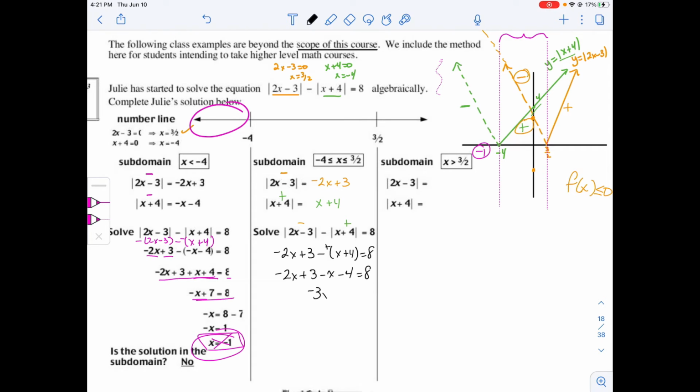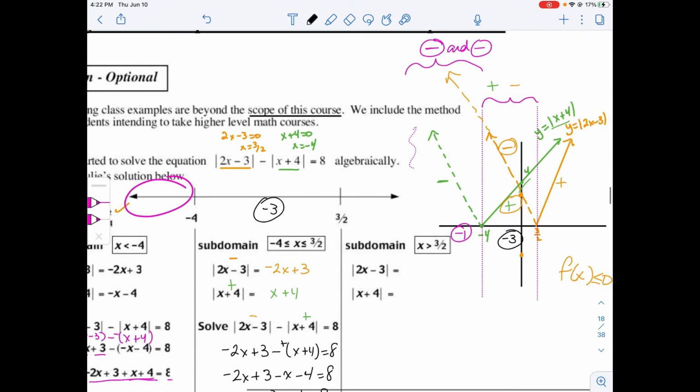So we've got our negative 3x minus 1 equals 8. So negative 3x is 9, and x is negative 3. And now what we want to do is double check that that negative 3 falls within this domain, and it does. That's what this number line up here is for. So it looks like x equals negative 3 is one of our solutions.